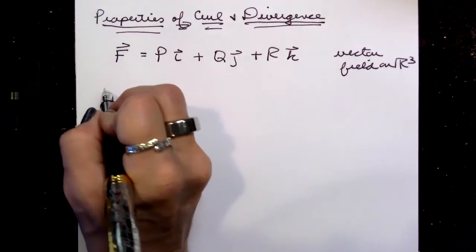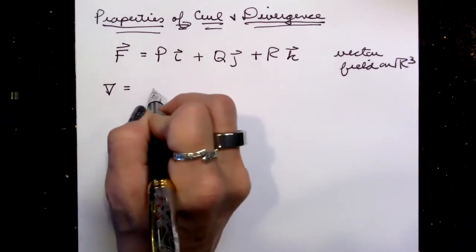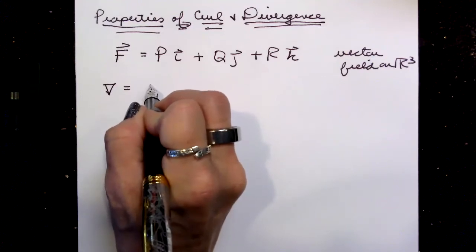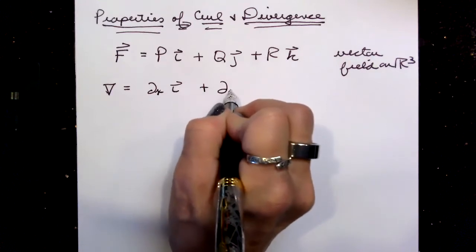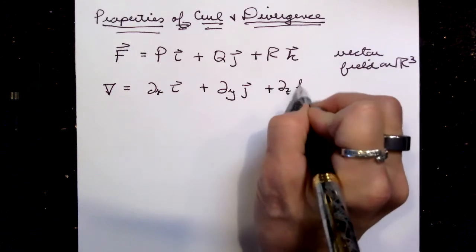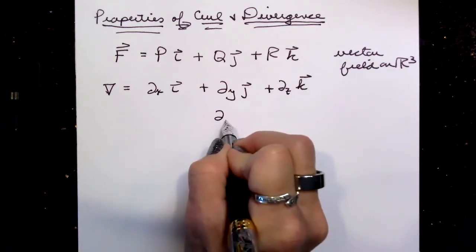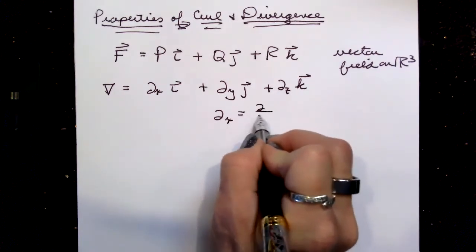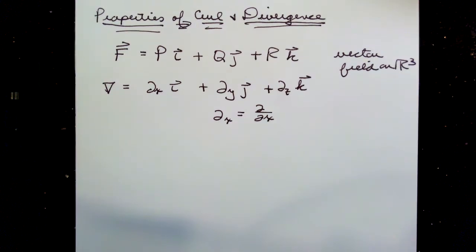And the other vector field that plays a key role in this is the gradient, which you can think of as the partial with respect to x, the partial with respect to y in the second component, and the partial with respect to z in the third component. By this notation, for example, I mean the partial of whatever with respect to x. That's a shorthand commonly used that makes it a little quicker to write things.